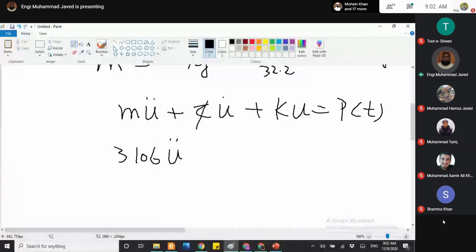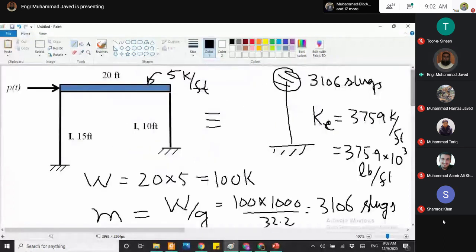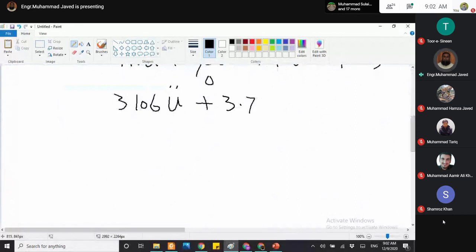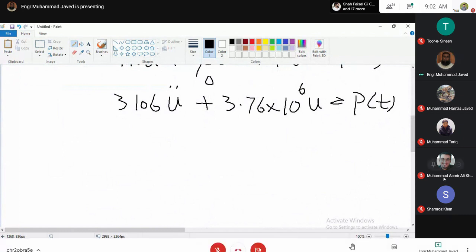C is not given, so assume it 0. K is 375.9 into 10 to power 6, or in other words 3.76 into 10 to power 6. This is the equation of motion for this single degree of freedom system when subjected to a dynamic force p of t.